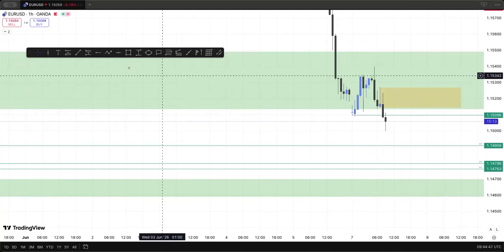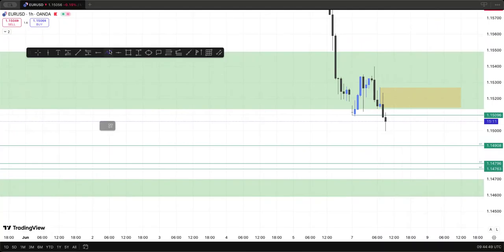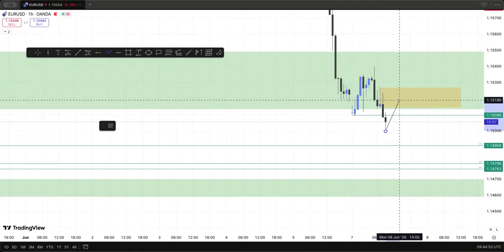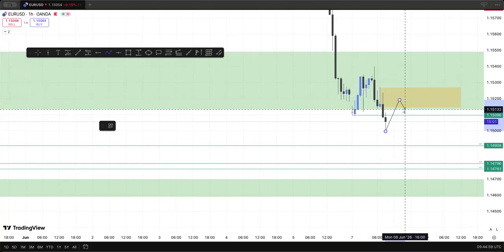But if you are to get a reversal back into the zone and I get a perfect bearish setup, then I'll likely take it down to this support or resistance. Okay.